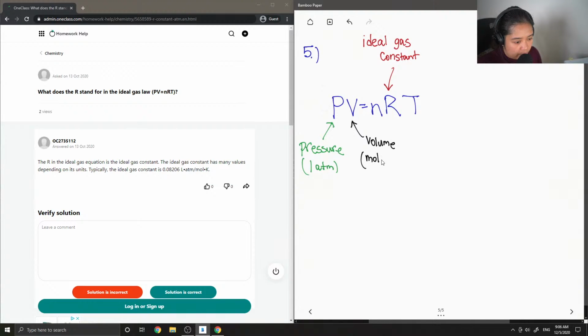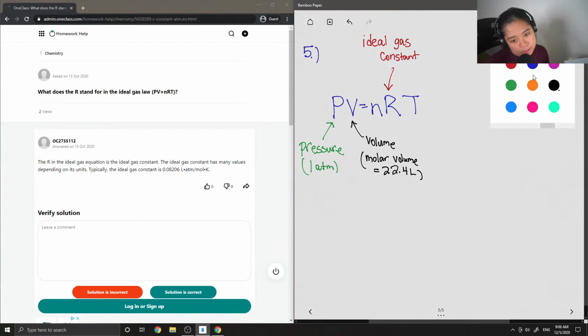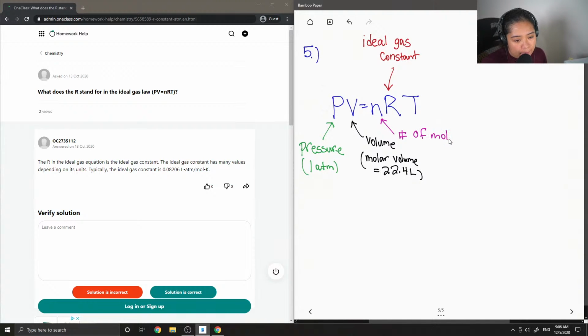So the molar volume is equal to 22.4 liters. And N is number of moles. So we are going to sub in 1 mole.